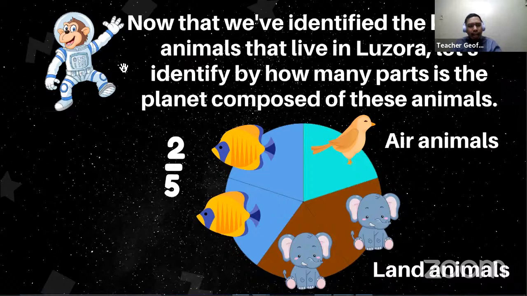Now, for the air animals, can someone tell me how many parts it is composed of in the planet? Anyone? Besides Maria Leia, I hope the other space adventurers are still listening. Okay, hi Sharina. How about for the air animals? What fraction do they represent of the whole planet?